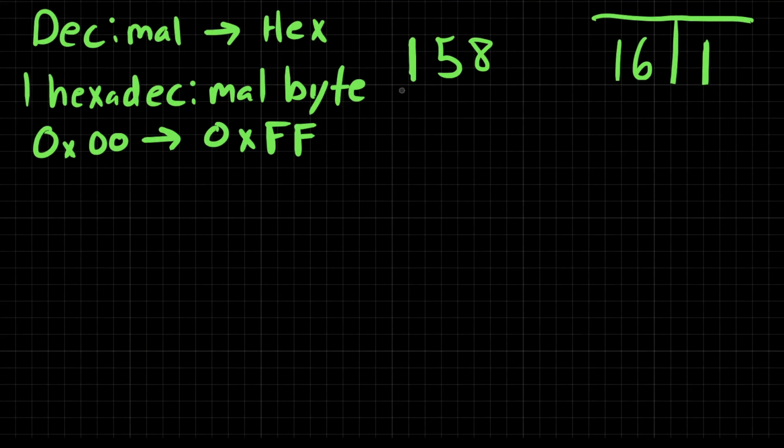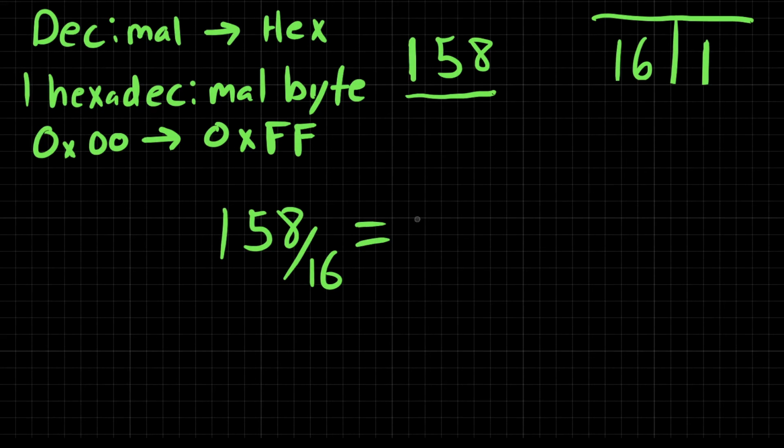All right, this time we're going to convert 158 into hexadecimal, and we're going to say, all right, which one of these goes into 158? That's going to be 16. How many times does 16 go into it? So we're going to write 158 divided by 16, and what we're going to get from that is 9.875.